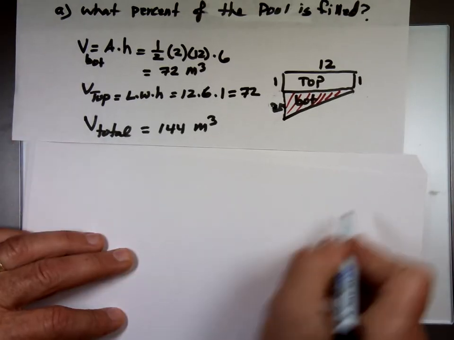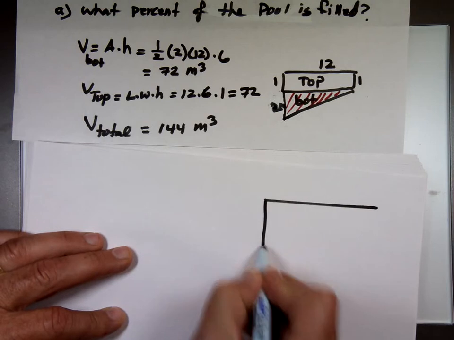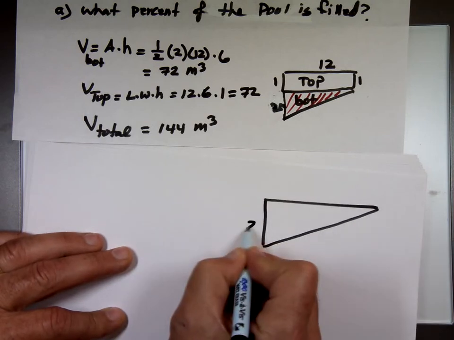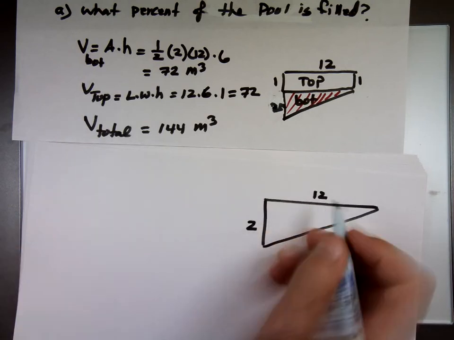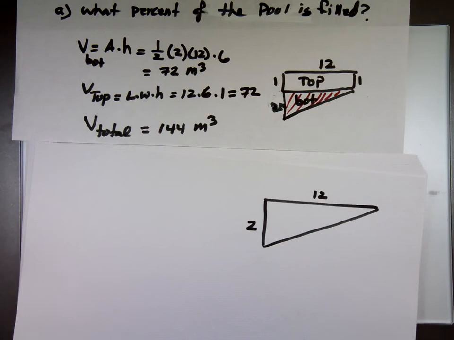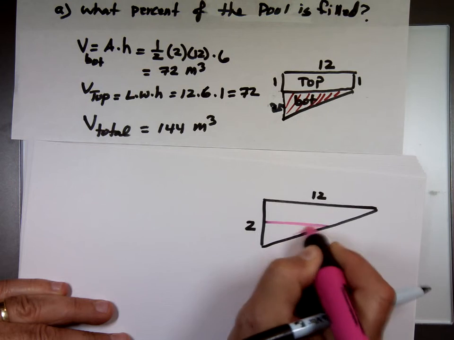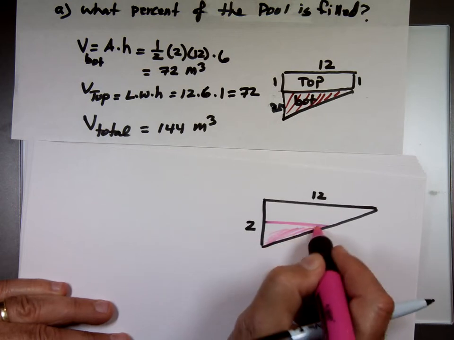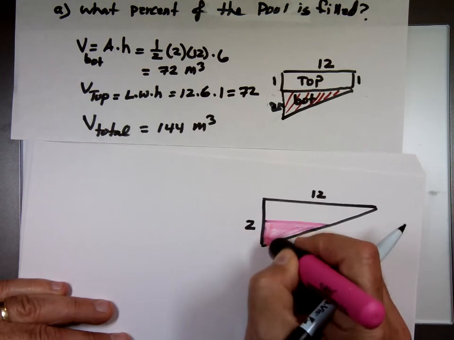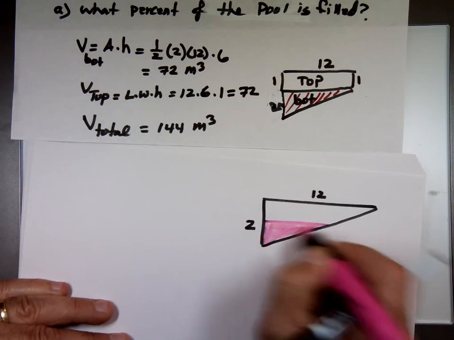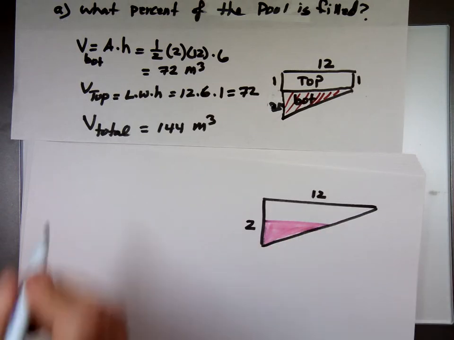This is what the pool looks like. The water is only 1 meter high. That's 1 meter. So I can't tell you what the volume of the water is yet. Volume of water.